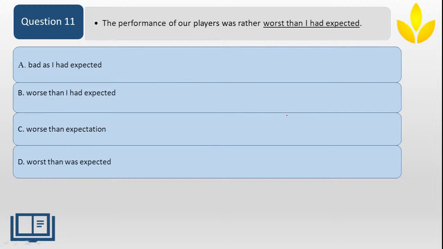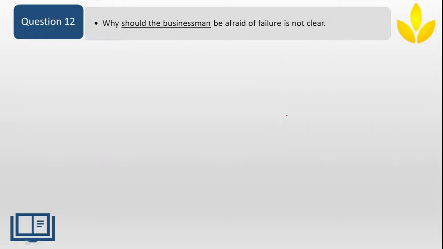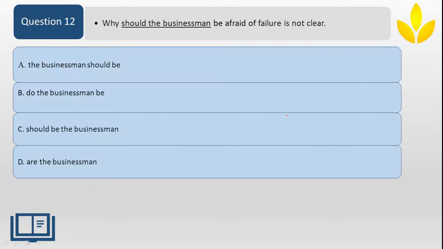Next example. Question number 12: why should the businessman be afraid of failure is not clear. Similar to question number 5 or 6, I think. Please respond in chat so that I can understand whether you understand it or not. Same follows here.